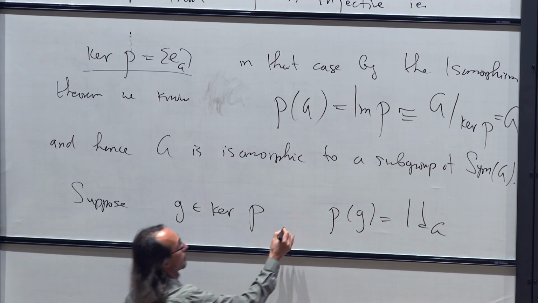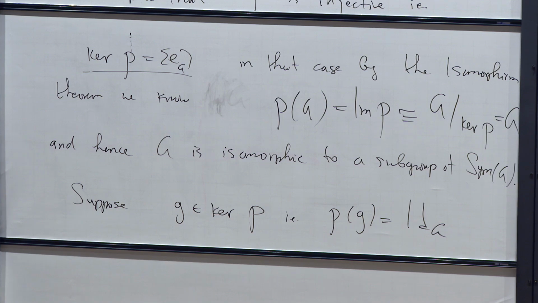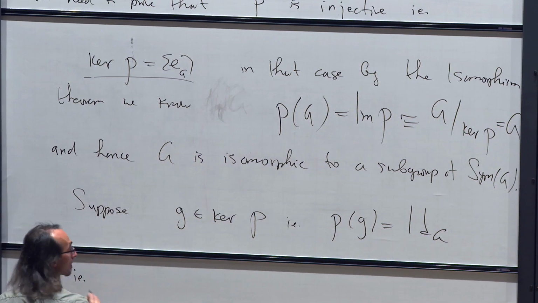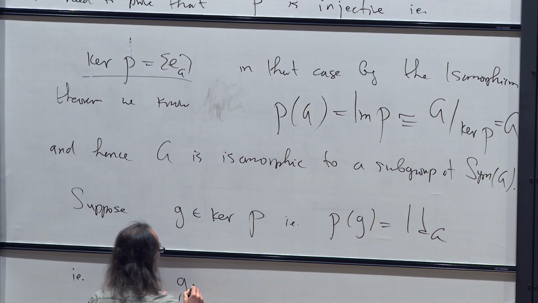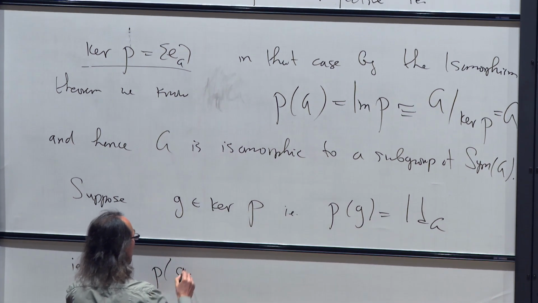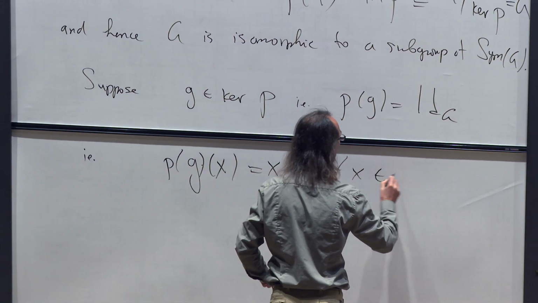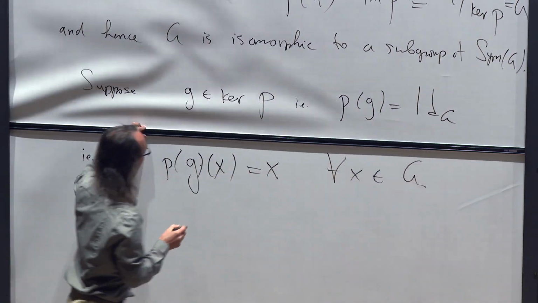in other words, g multiplied with x. So rho of g applied on x must be x for any x in G, right?